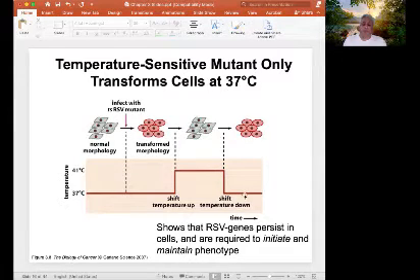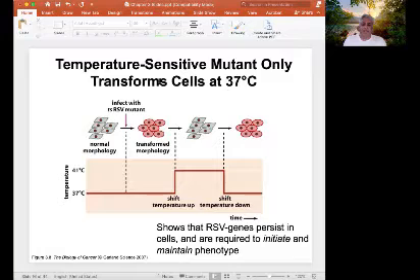And then you drop the temperature back down, and then the cells become transformed again. So whatever is happening inside these cells must be an ability of the virus, because the virus is the one that's been made into a temperature sensitive entity.